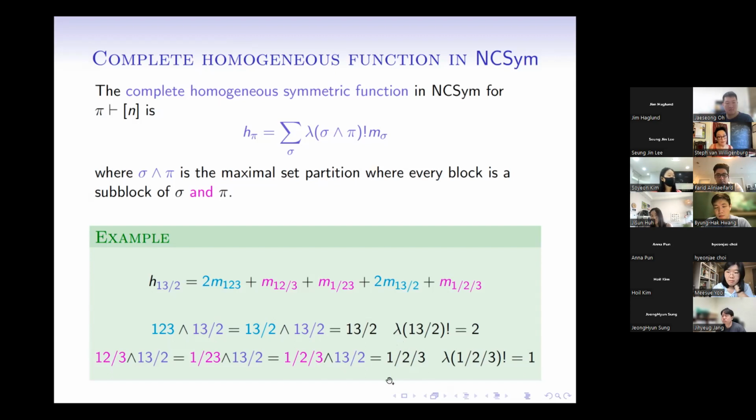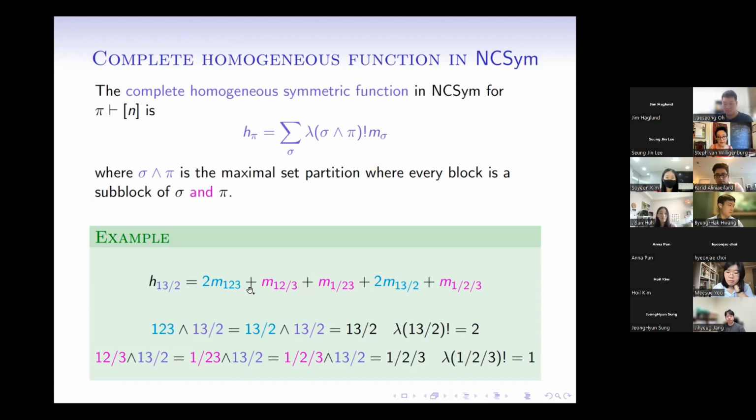Next thing we have to do is look at the sizes of those blocks. So this is going to give us 1 factorial times 1 factorial times 1 factorial, which gives us 1, and thus gives us a coefficient of 1 in front of m123.